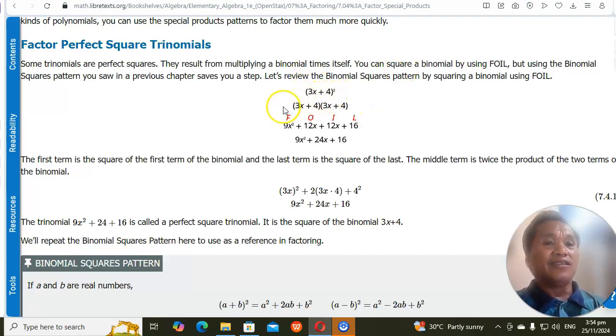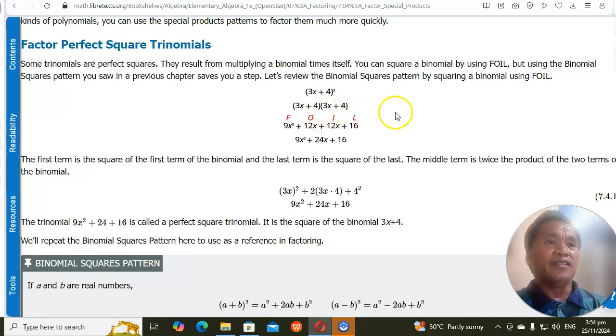To get the product, you will have 3x plus 4 times 3x plus 4. I mean, you have 3x plus 4 quantity squared. Since the exponent is 2, you will multiply this 2 times. That is why you have 3x plus 4 times 3x plus 4.